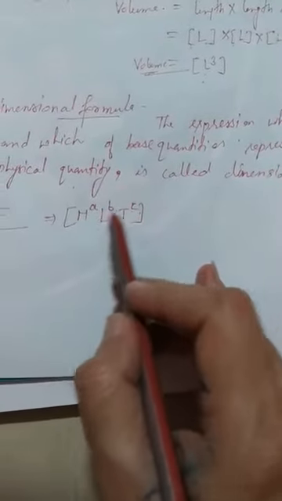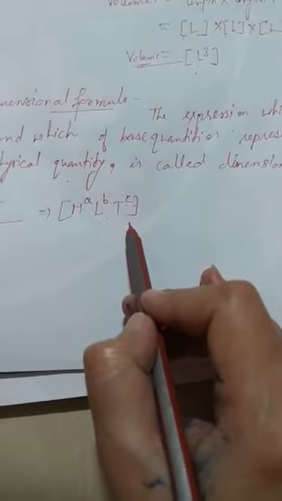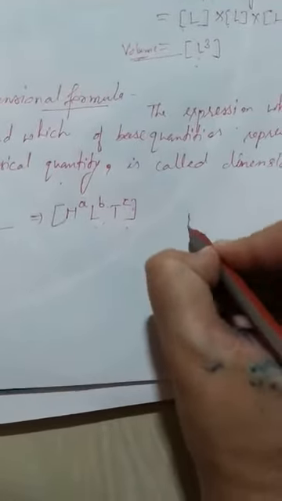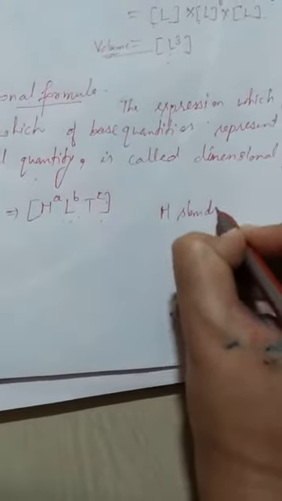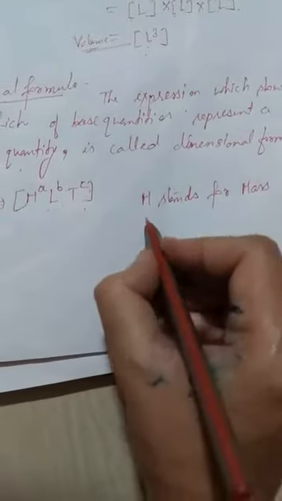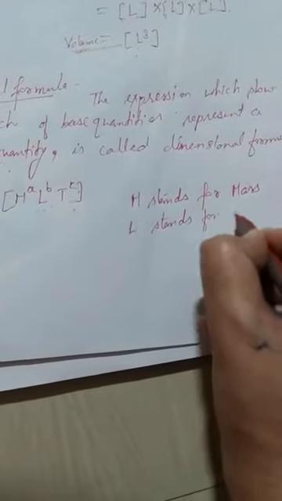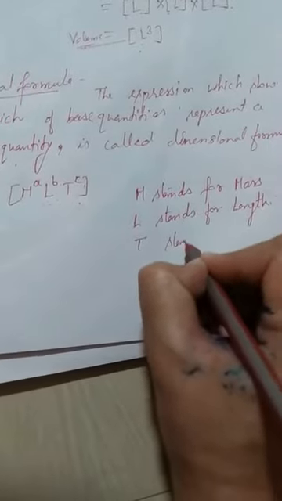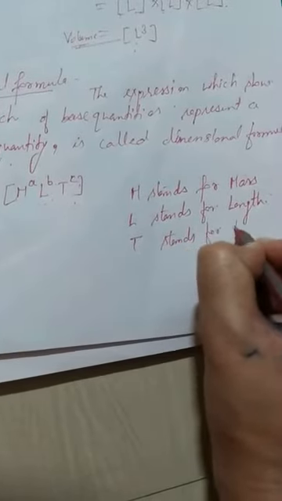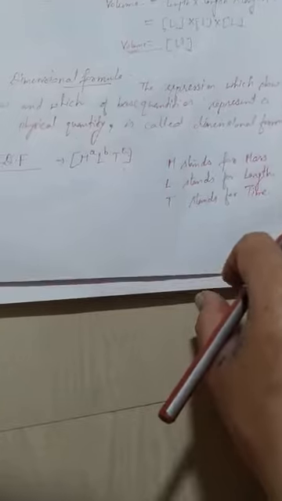Here a, b, c are the powers, and M stands for mass, L stands for length and T stands for time. This is the dimensional formula for any term.